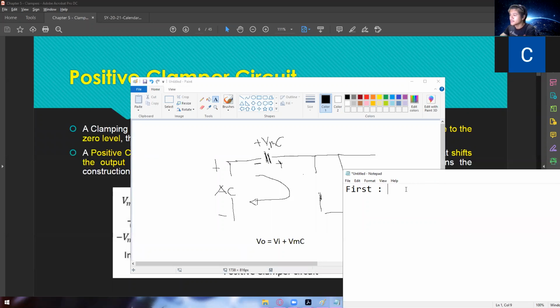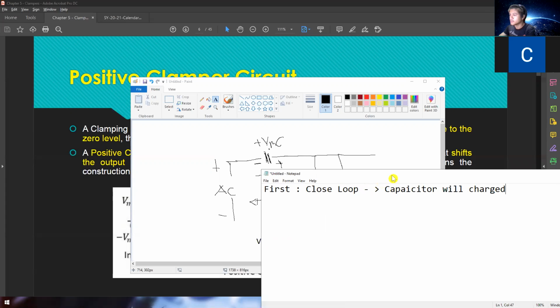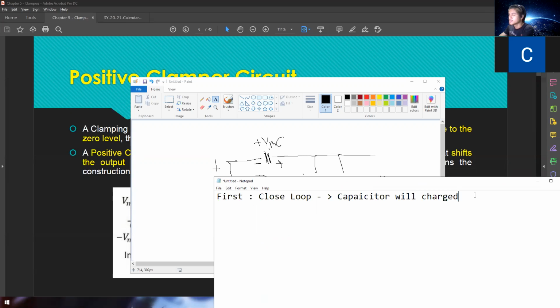To summarize: first, you must have a closed loop. During the closed loop, the capacitor will charge. This is the first thing you should do.